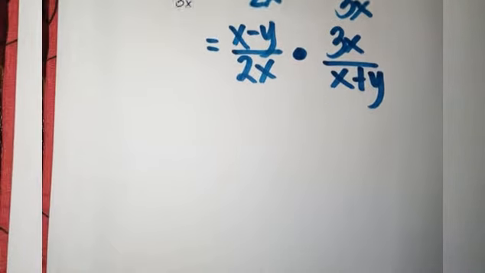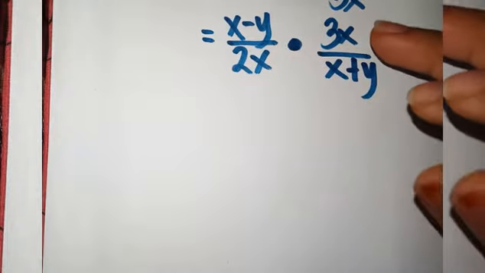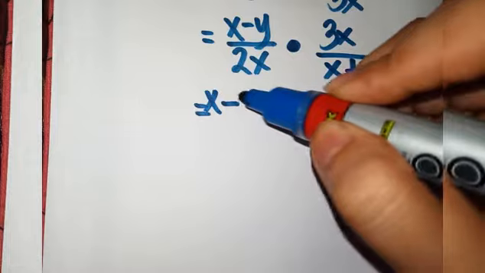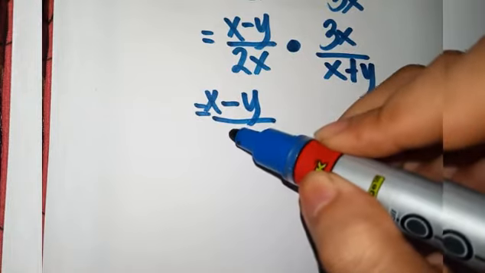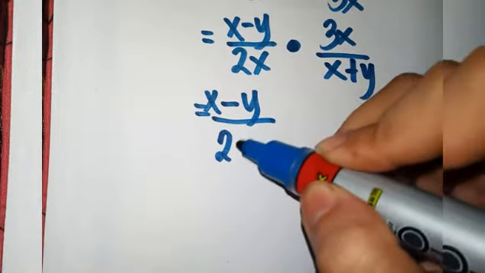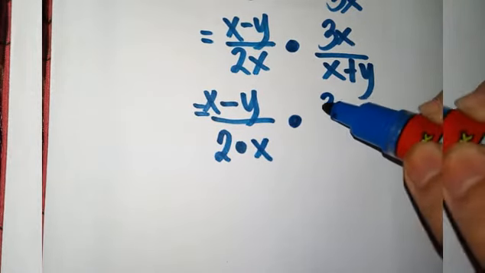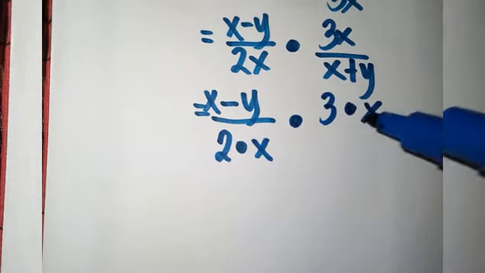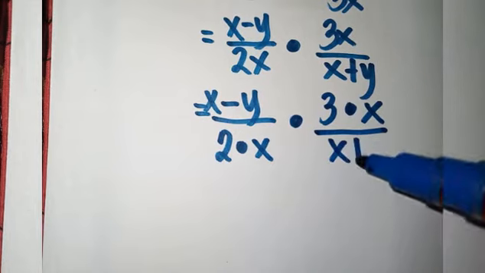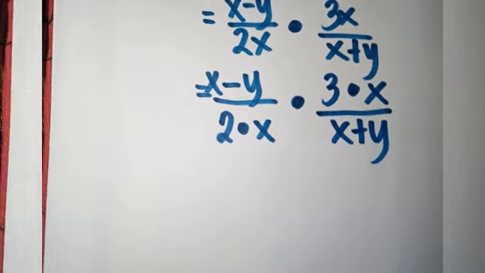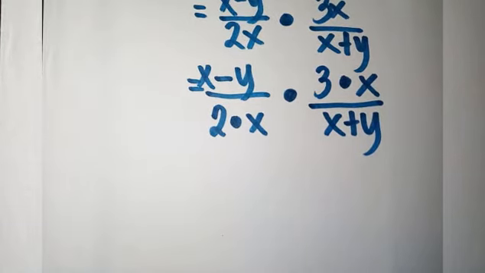Okay. So, after that, ifa-factor muna natin ito. We have x minus y all over, ihiwalay muna natin yung 2 times x para may makancel tayo. Then, multiply to 3 times x all over x plus y. Okay, so ngayon, cancel out the common factors, then we will simplify.